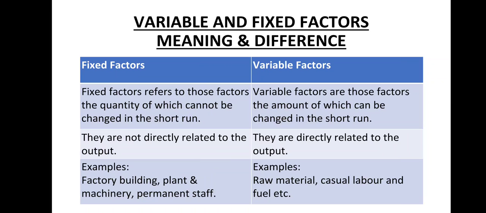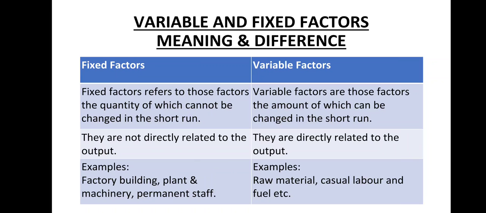If we consider the fixed factor, they are not directly related to output. They exist even at the zero level of output. The variable factors are directly related to output.